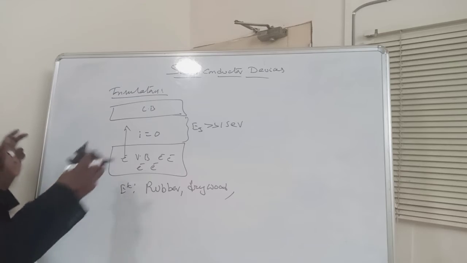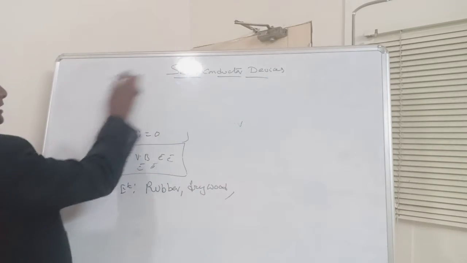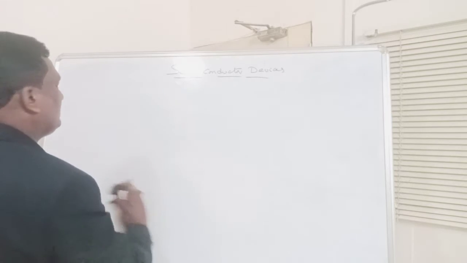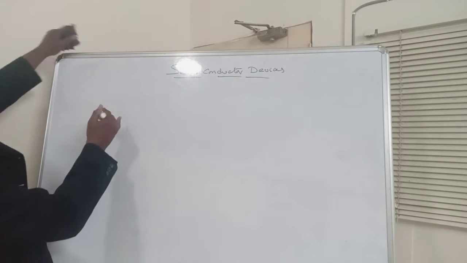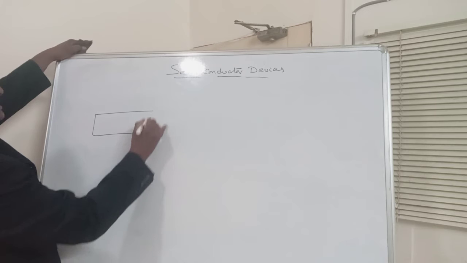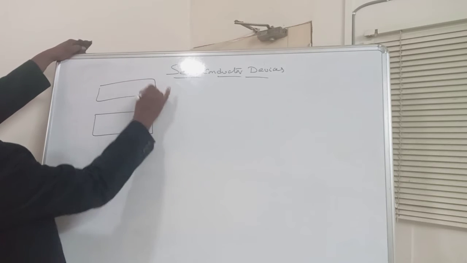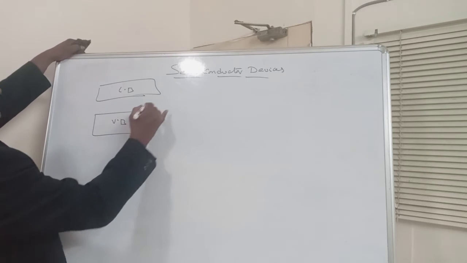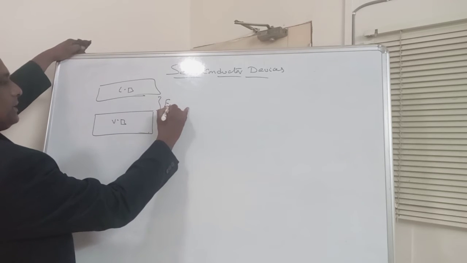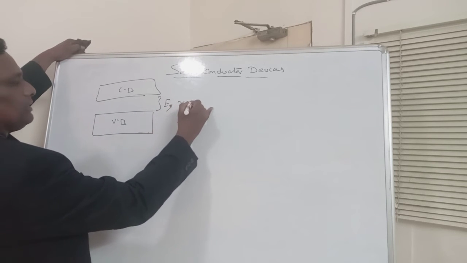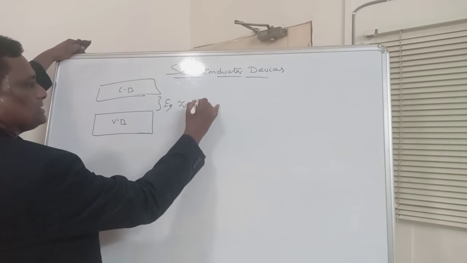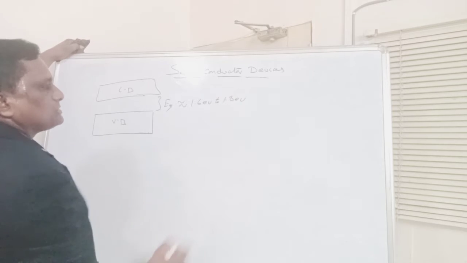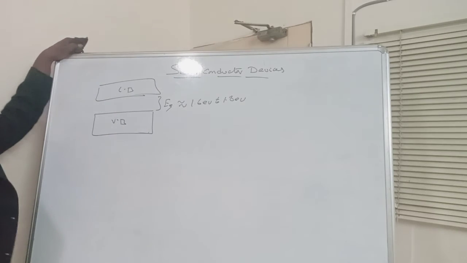Next, semiconductors. For semiconductors, there is a small gap in between the valency band and conduction band. This is the valency band and this is the conduction band, and a small gap is there. This forbidden energy gap Eg is approximately 1.6 electron volts to 1.8 electron volts.